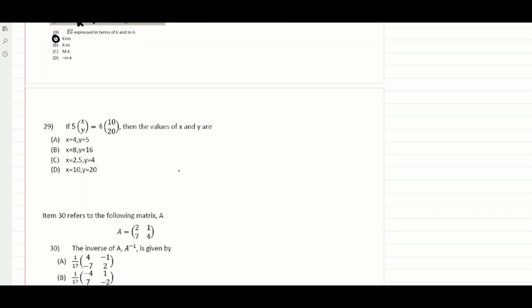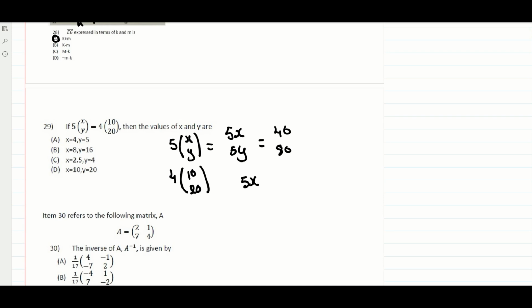Now let's do this one. 5 by (x, y) is equal to (5x, 5y), which is equal to 4 by (10, 20). 4 by 10 is 40 and 4 by 20 is 80. So 5x equals 40 and 5y equals 80.